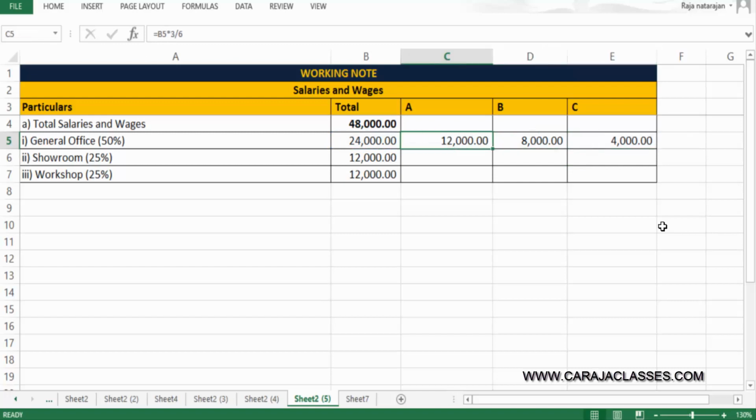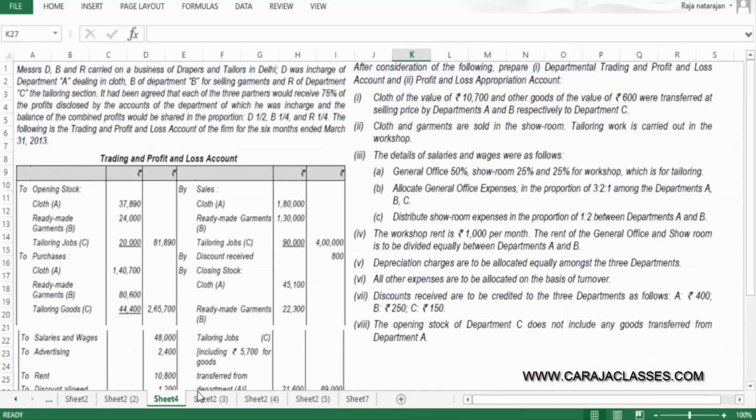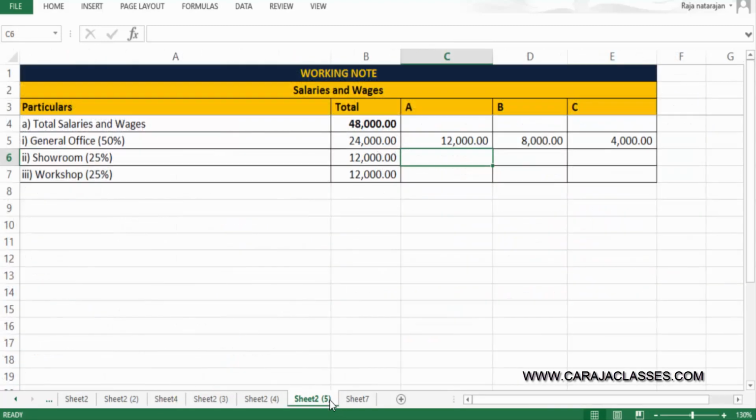Now please understand, this is for three departments, but the nature of this expense is related to general office, so this is not a direct expense and should be taken to P&L. Similarly, the showroom expenses should be distributed between department A and B in the ratio of 1:2. It means 12,000 into 1 by 3 and 12,000 multiplied by 2 by 3, so 4,000 and 8,000, and nothing for department C here.